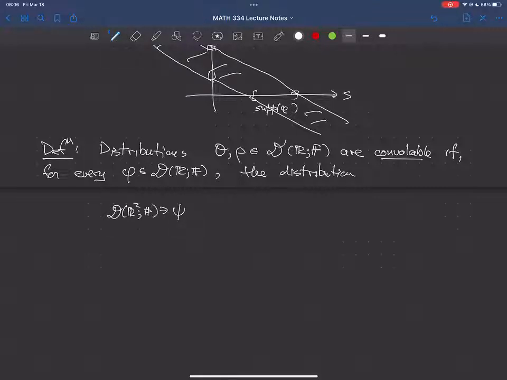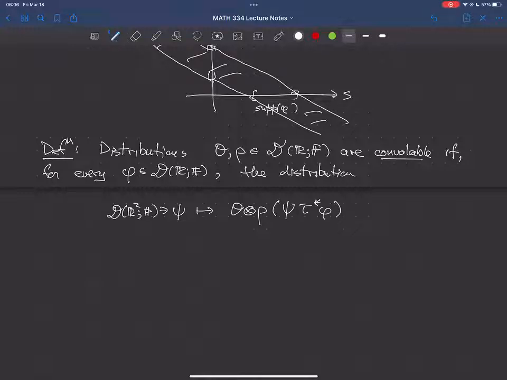And I'm going to do the following thing. I'm going to take theta tensor rho. I know that that's a distribution in two variables, so it's looking for a test function which is a function of two variables. The test function I'm going to give it is going to be psi times this function, tau star phi.